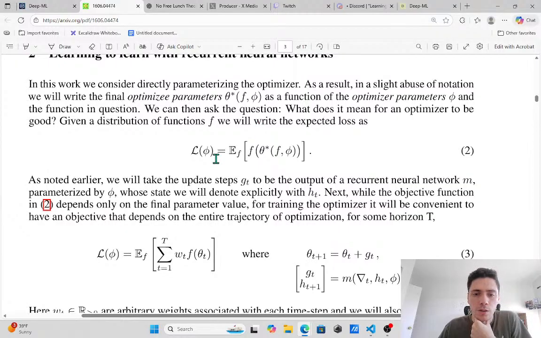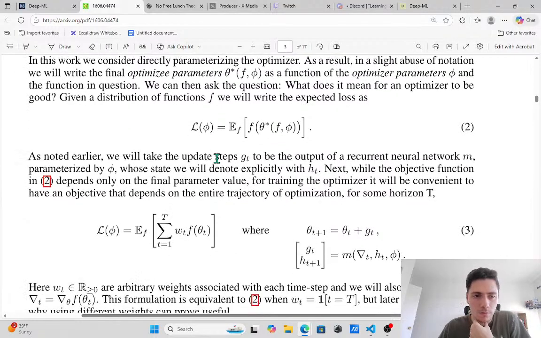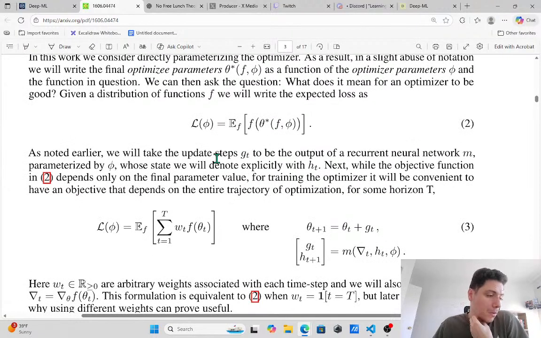I mean, I guess you're trying to minimize the expected loss. Yeah, that's how you define a good optimizer. Fair.